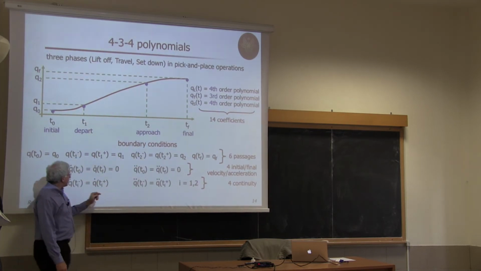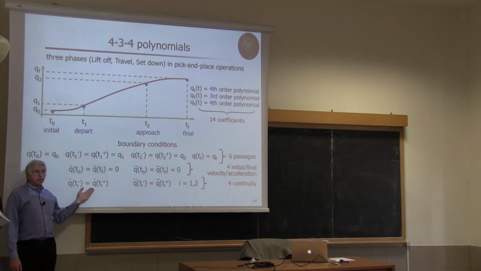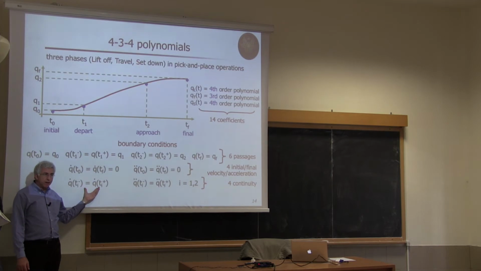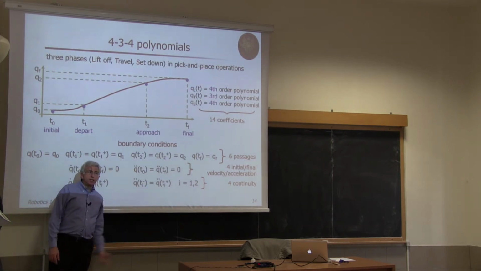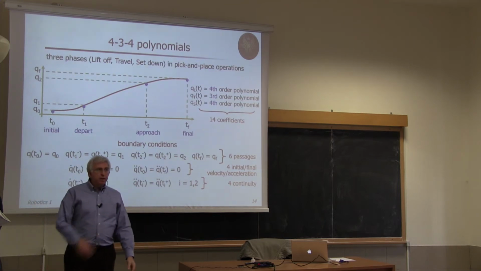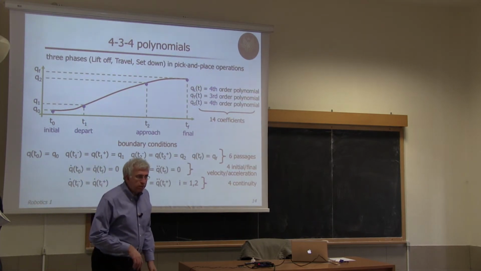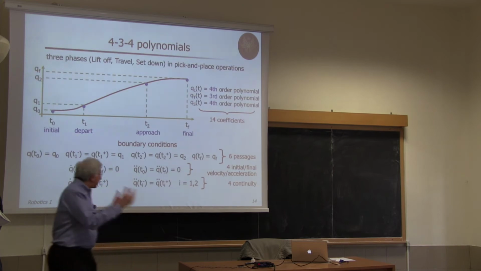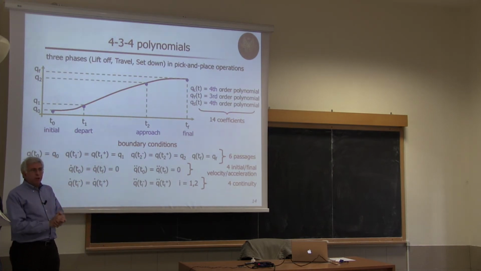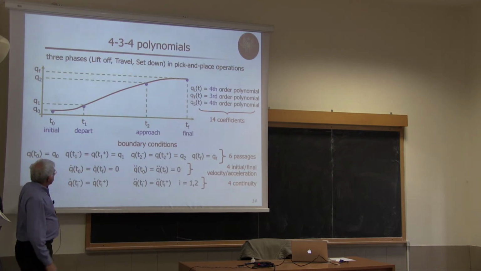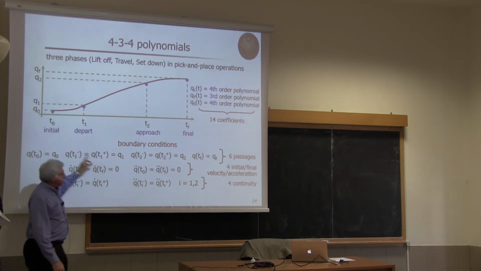In addition, I would like to preserve some continuity also for higher order derivatives. Velocity should be the same, left and right, and acceleration should be the same, left and right, on the 2 intermediate knots. Okay? So if I count all conditions that I would like to impose, I have 6 passages.